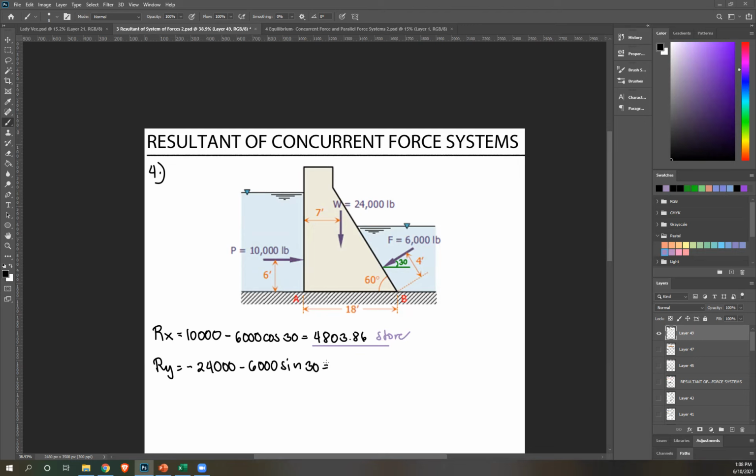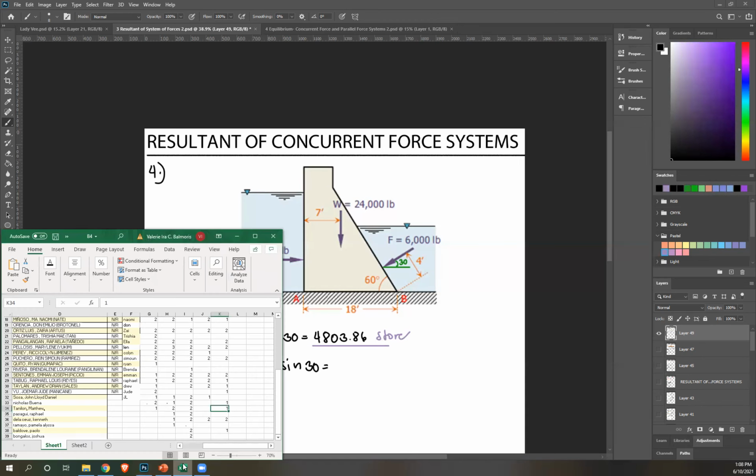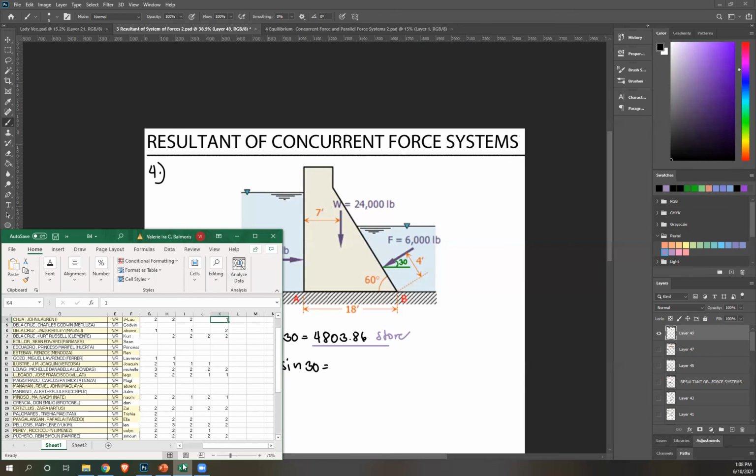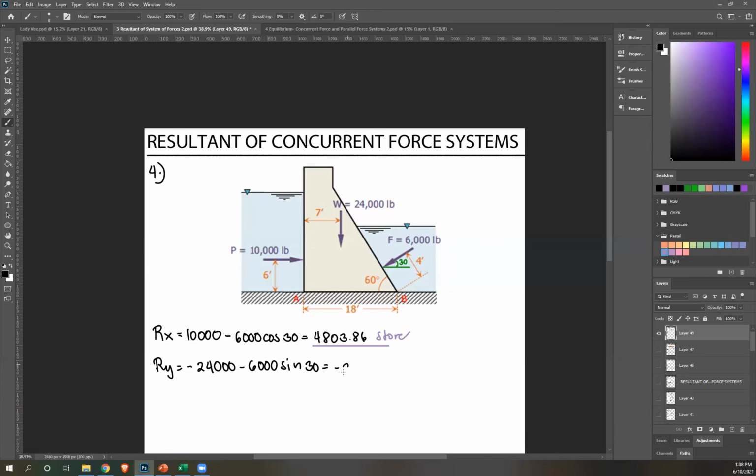Again, sign matters. So correct, Matthew and Lauren. Negative 27,000. No need to store because it's a whole number.